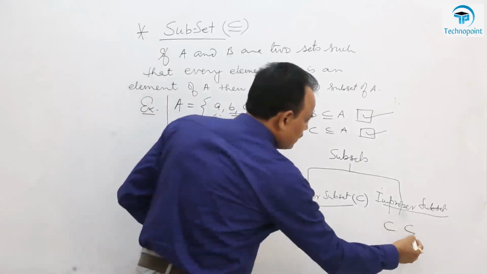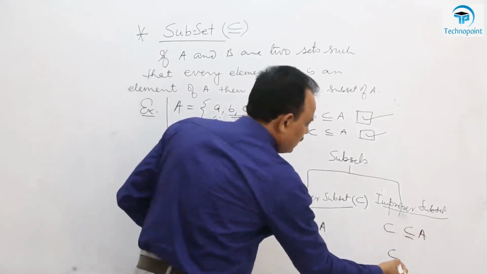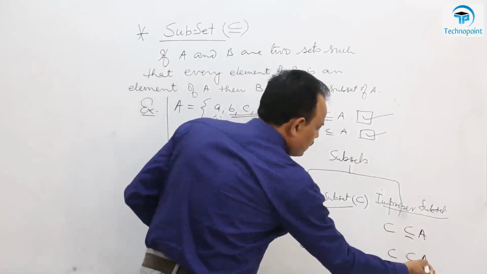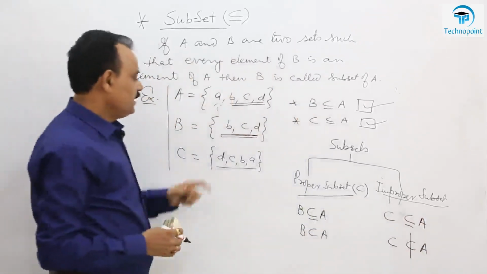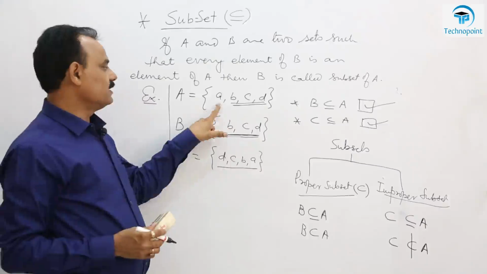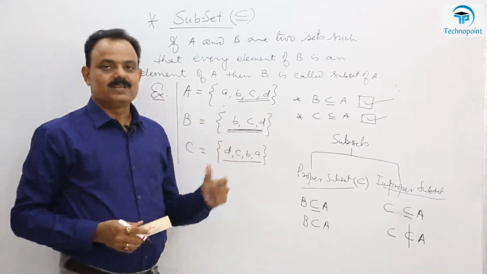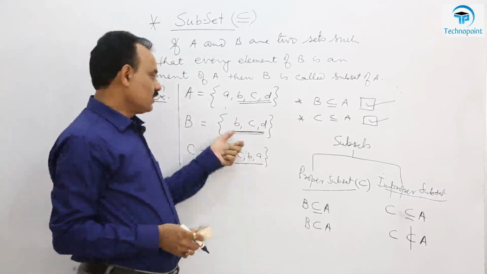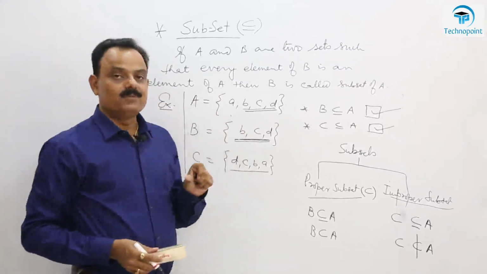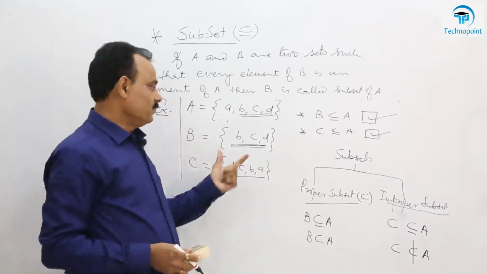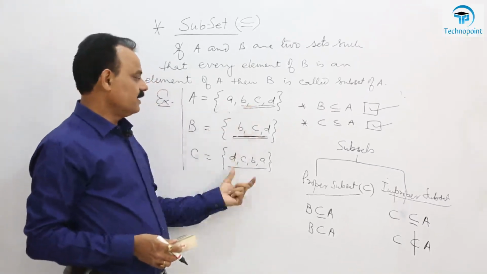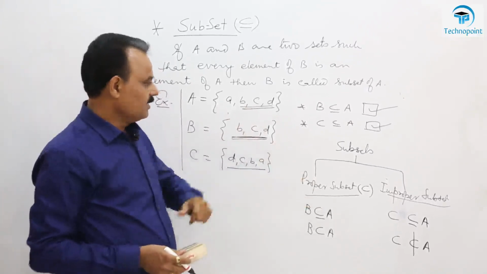C is obviously a subset of A, but C is not a proper subset of A. B is a proper subset of A because there is an extra element. But C is not a proper subset of A because there is no extra element. Both are subsets, but both are not proper subsets. B is a proper subset of A and C is an improper subset of A.